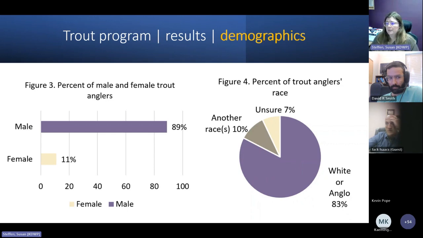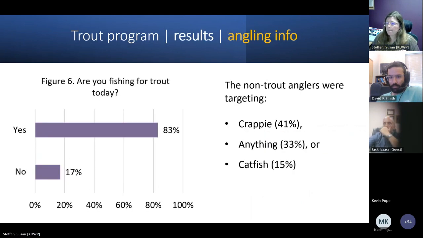So it did surprise me a little bit that we had some older constituents. Most people we contacted were out fishing for trout. However, those that were not were primarily targeting crappie, catfish, or just fishing for whatever.